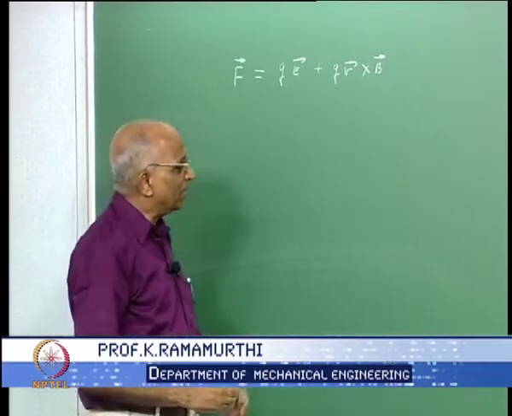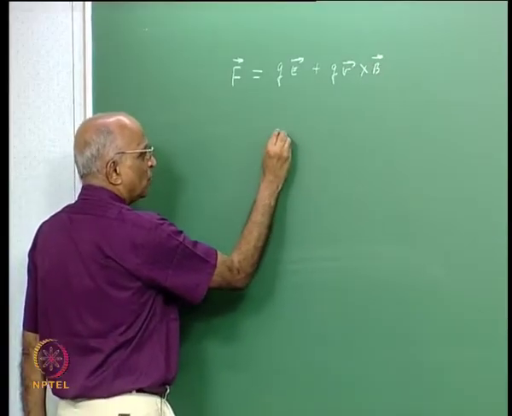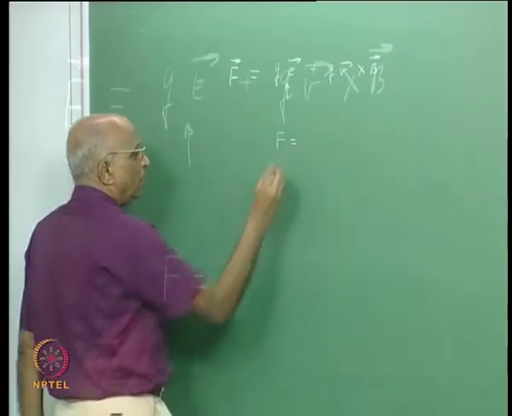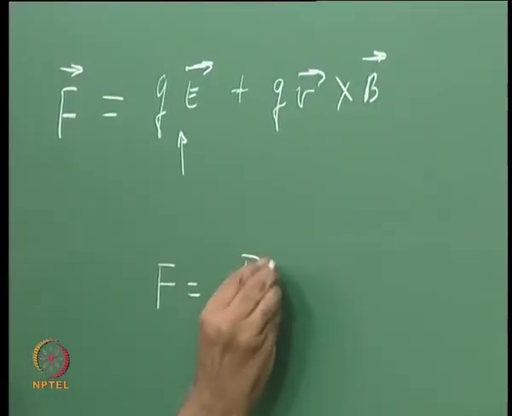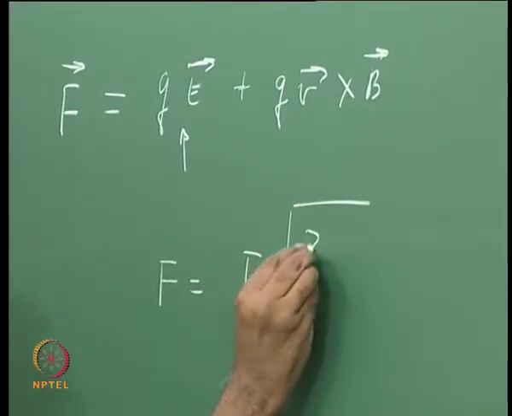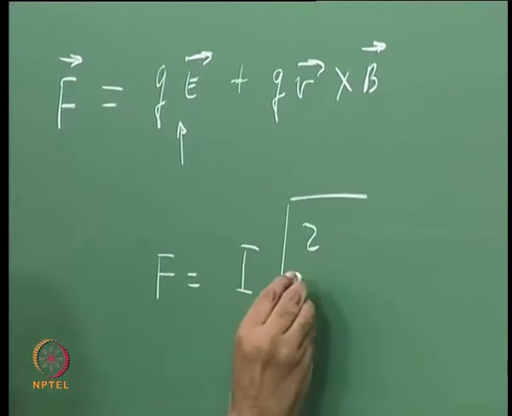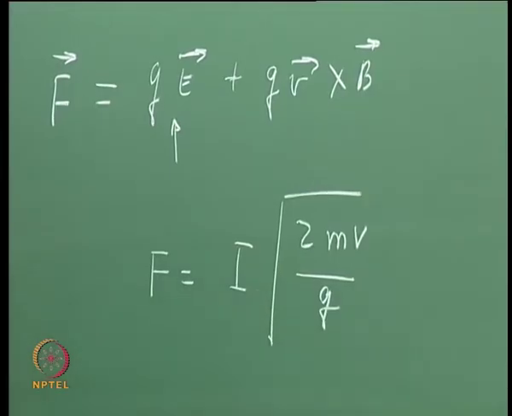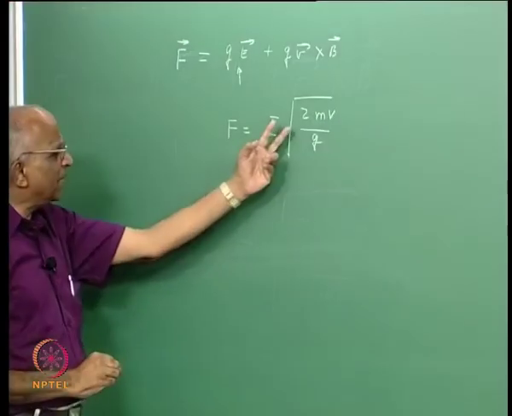We continued with this and we found that the force we could get in the case of the electrical field could be written as the current into something like the square root of 2 into the mass divided by Q, into the voltage. And how did we get this?